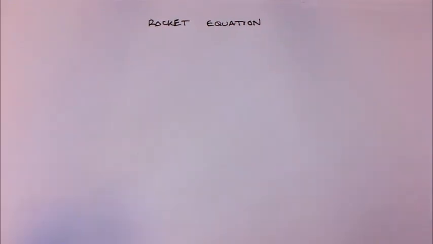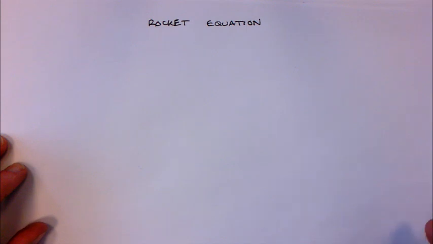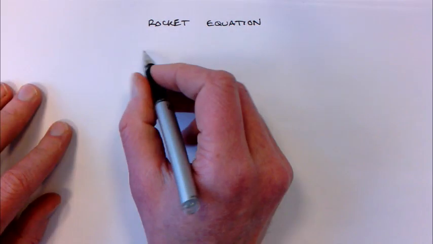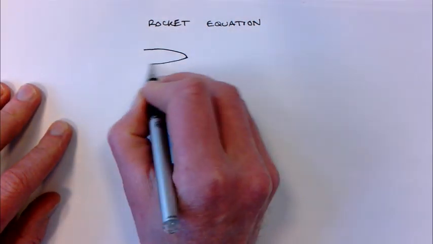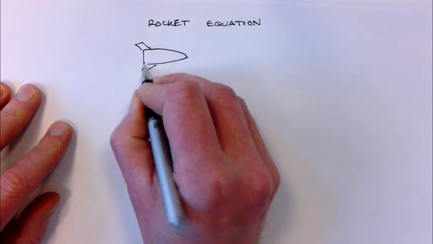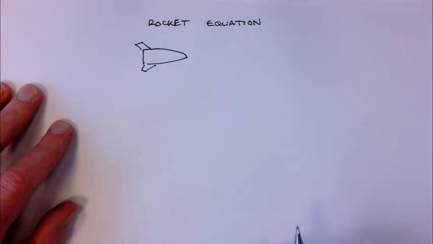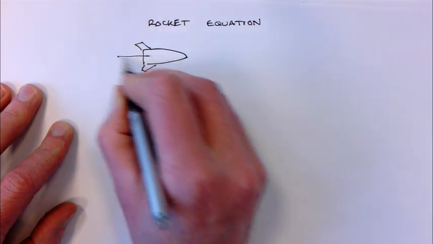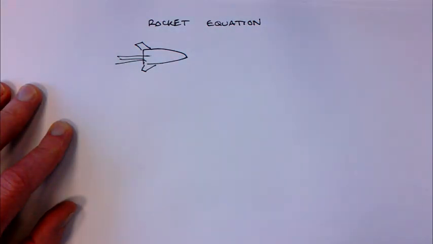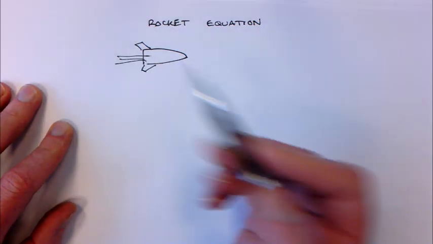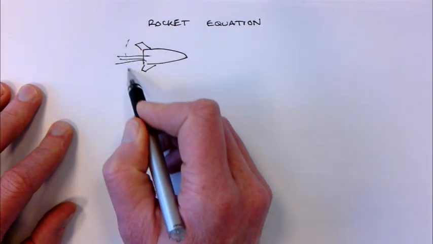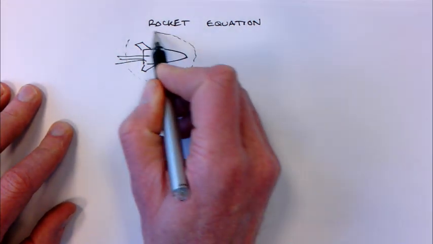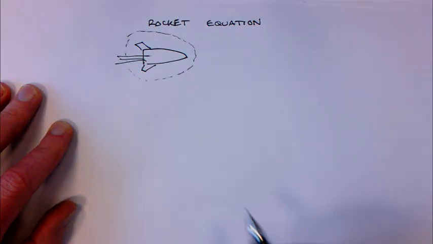So let me first set up the idea a little bit. We have this rocket. The way that a rocket works is it burns fuel, and in burning the fuel expels hot gases out of the back of the rocket. Imagine a system boundary there.